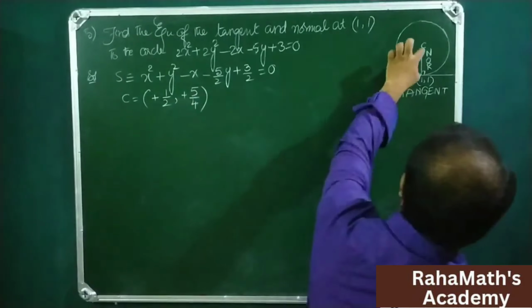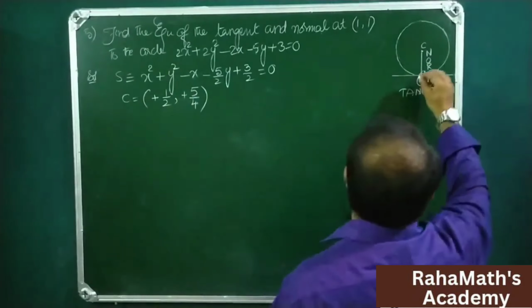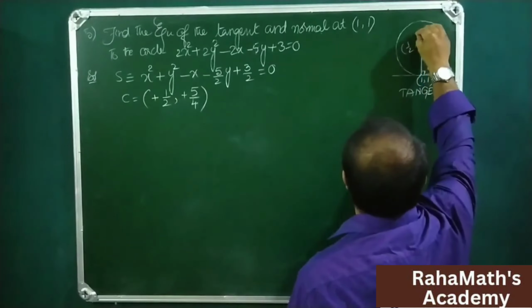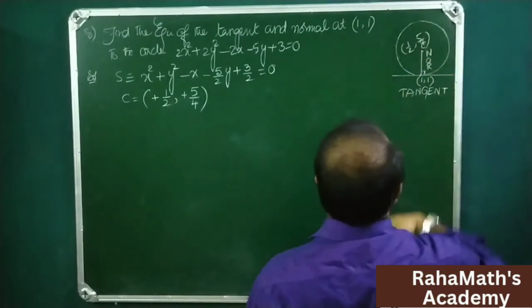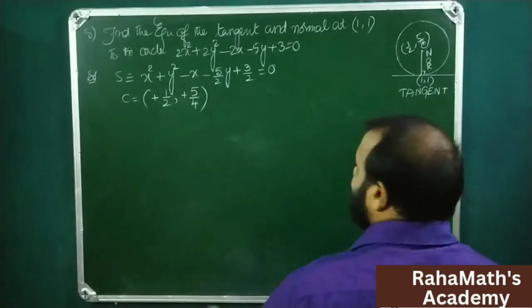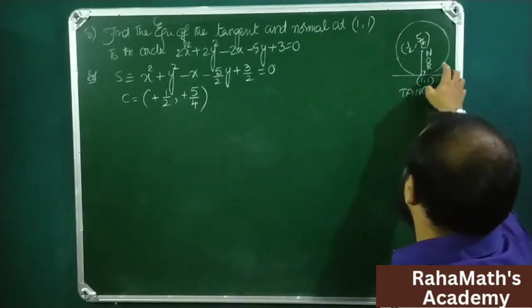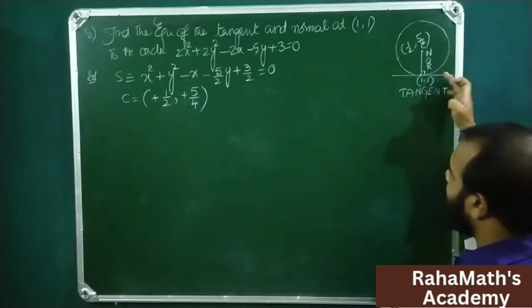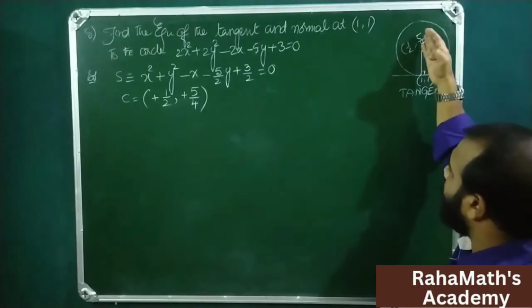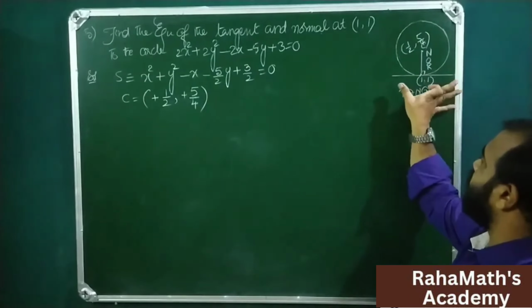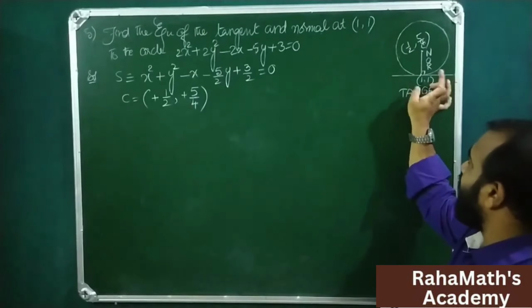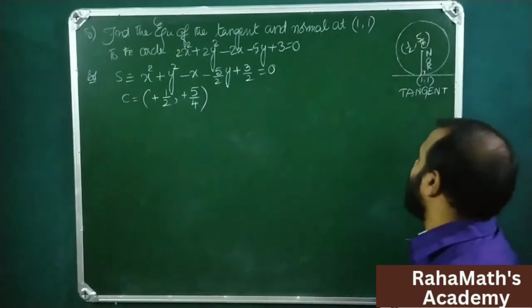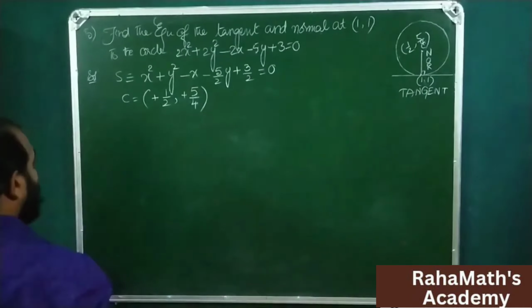So therefore the center is (1 by 2, 5 by 4). Now we need to find the equation of the tangent to the circle at (1, 1). So this is a tangent and this is a normal. The normal is a line which is perpendicular to the tangent and always passes through the center of the circle.